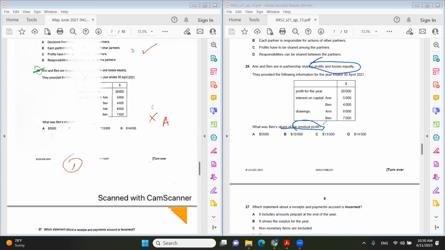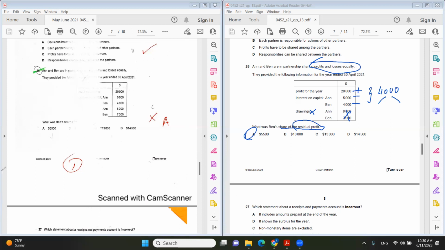So we need to calculate residual profit first. Profit for the year, interest has to be minus. Drawing, this is not interest on drawing, so don't take these two amounts. Take these two minus, so you will get 11,000. So 11,000 is shared by both. So we get 1 divided by 2, so 5,500. So the answer should be A.